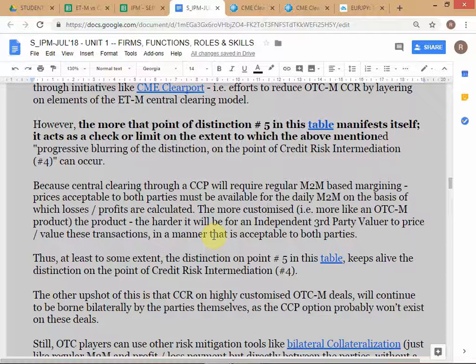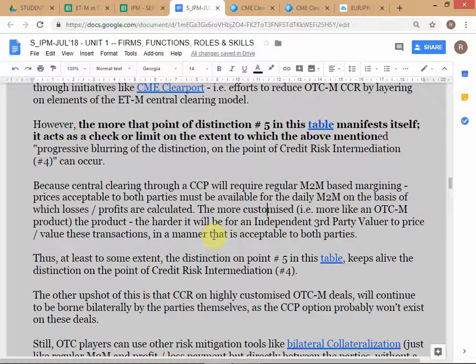Why is that? Remember what a CCP does. The CCP is going to engage in daily mark-to-market and settlement of profits and losses. That's the whole idea of a CCP, or any clearing house.